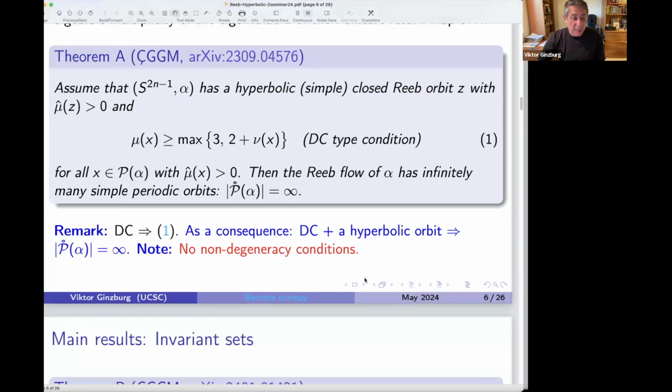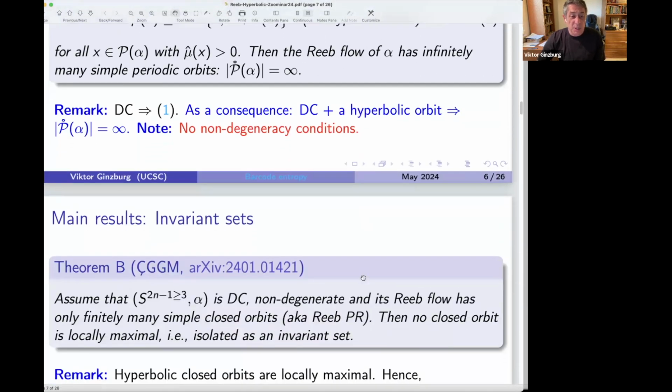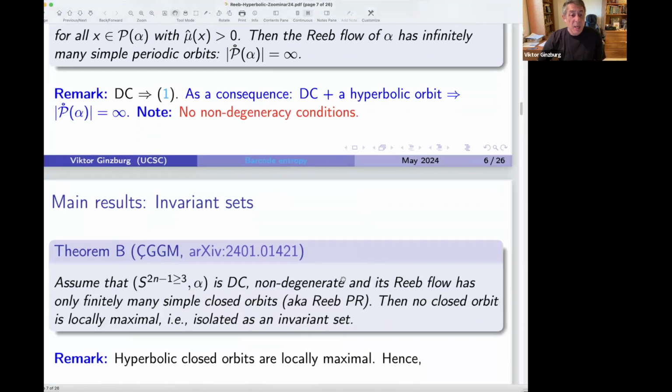So this is the first result. And the second result is about invariant sets. So again, I have a standard contact sphere, and now I need to assume more in general. I have dynamical convexity, and I want to assume that the flow is non-degenerate. And let's also assume that it is a Reeb pseudo-rotation. And in this case, I simply need it to have finitely many simple orbits. So this is kind of as loose a definition of a pseudo-rotation as it can be.